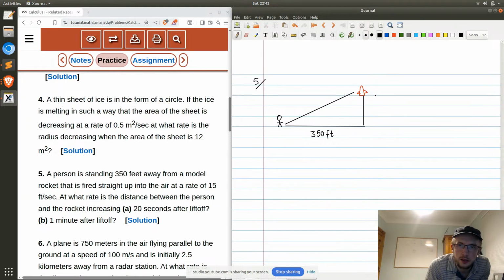And it's fired up at a rate of 15 feet per second. And then we have this distance here to think about.